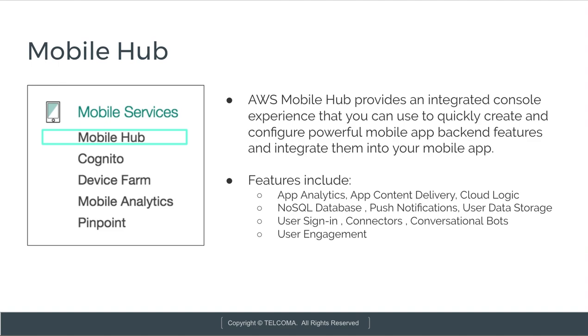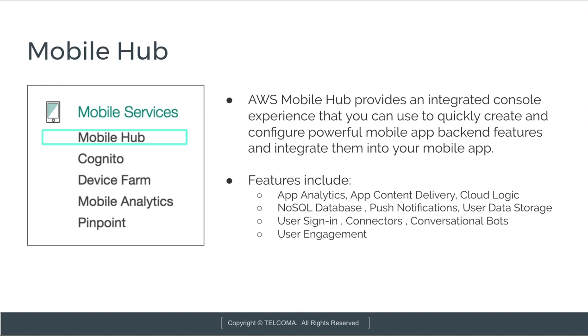Because it lets you add and configure features to your applications. Like what are the features that we can add and configure? We can have user authentication, data storage, backend logic, push notifications, content delivery and analytics from a single integrated console. That means all of these services are possible from a single console.